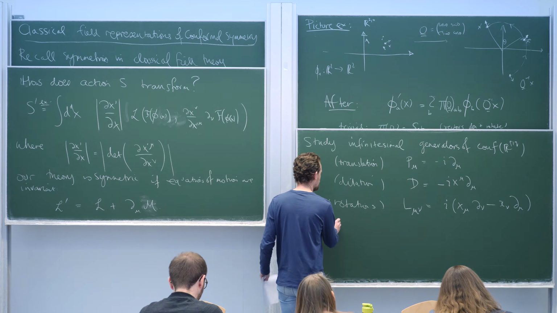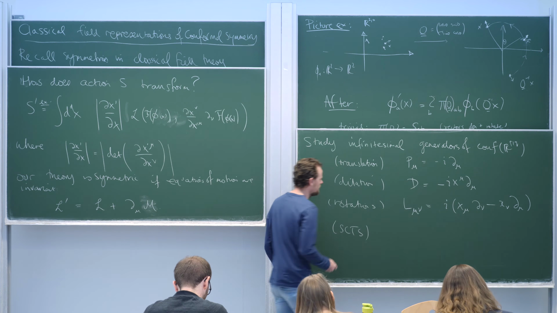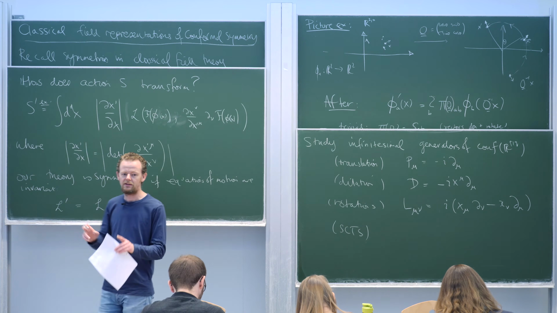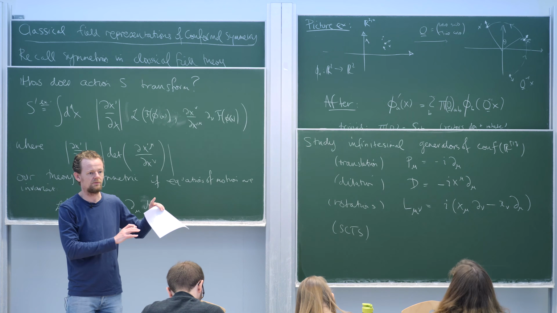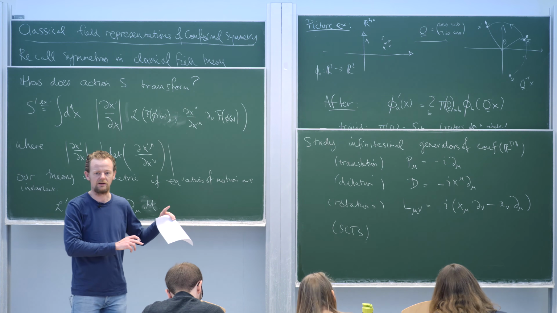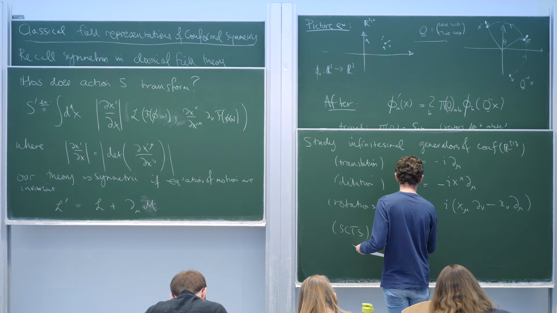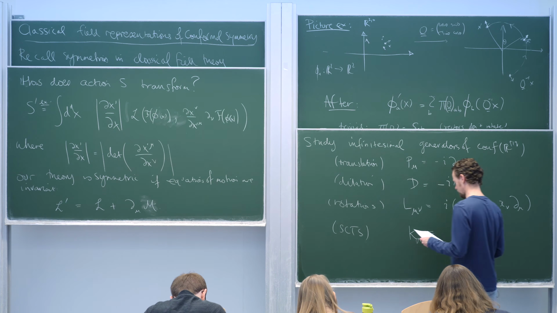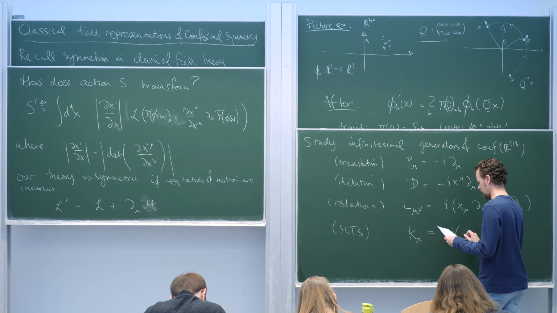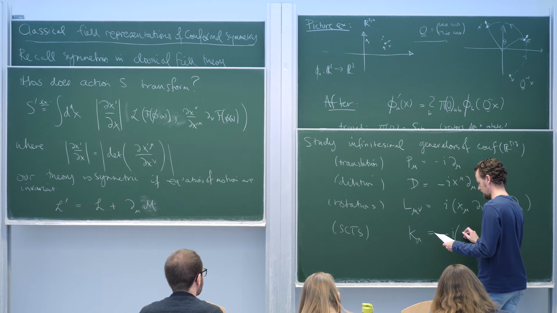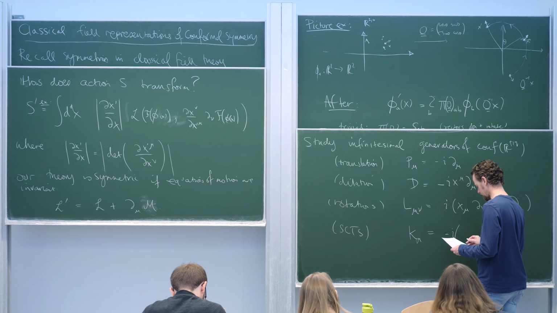And there's one final class of transformations that we've encountered called special conformal transformations. That's when you invert through the origin, do a translation, and then invert through the origin again. K mu they're called, and they have this form here, which we basically encountered last time.